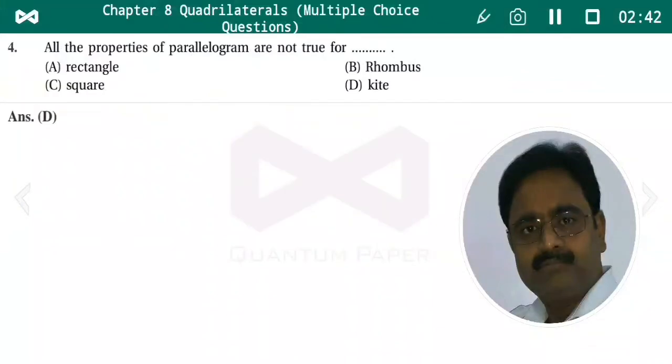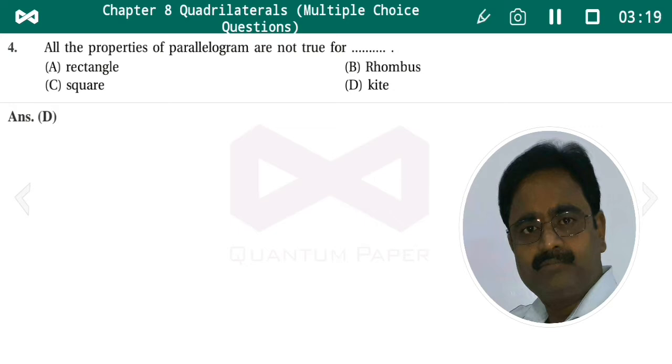See question number 4. Question 4 is given: all the properties of a parallelogram are not true for. We have to say for which option all the properties of a parallelogram are not applicable. First, a rectangle is a parallelogram, this you know better. Rhombus is also a parallelogram. Square is also a parallelogram. But option D, which is kite, is not a parallelogram.